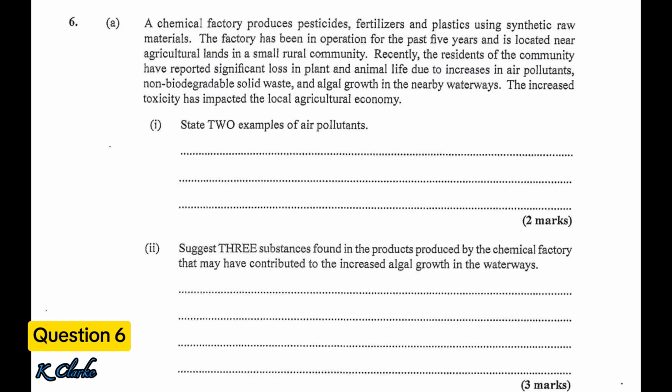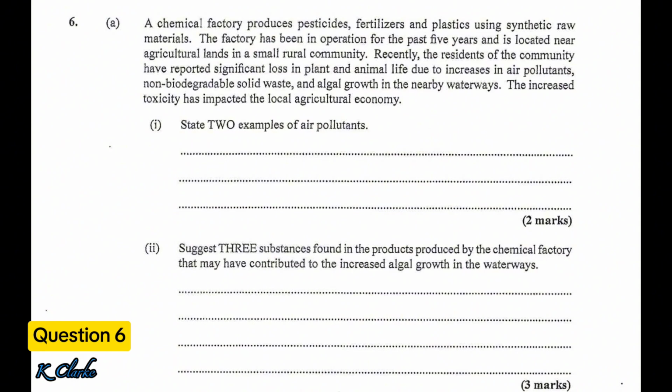Question 6. A. A chemical factory produces pesticides, fertilizers, and plastics using synthetic raw materials. The factory has been in operation for the past 5 years and is located near agricultural lands in a small rural community.